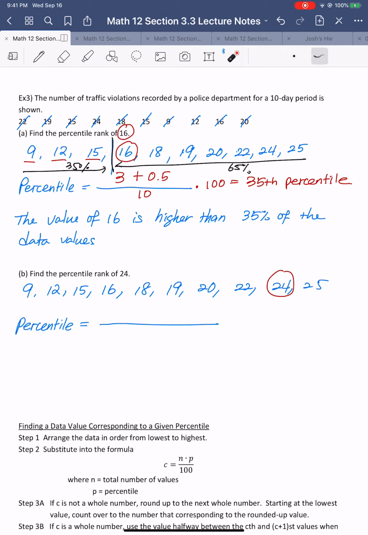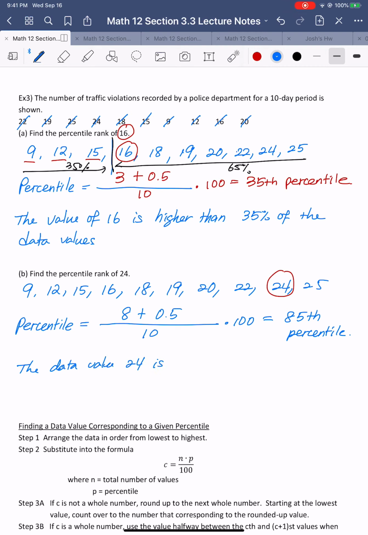There is 1, 2, 3, 4, 5, 6, 7, 8. So there are 8 numbers, plus 0.5, over 10 numbers, and multiply by 100. So it's going to be the 85th percentile, right? Which means the data value of 24 is higher than 85% of the values in the data set.